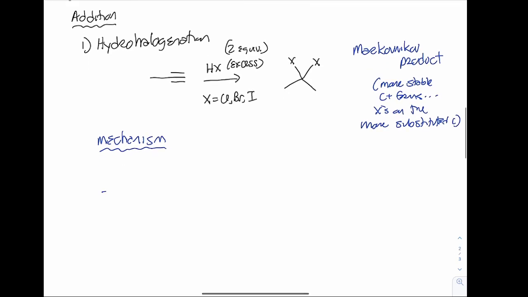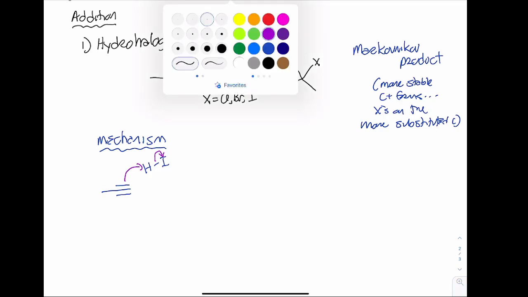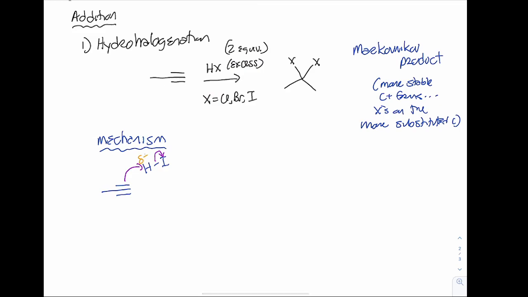So my mechanism, let's use HI. I don't use iodide a whole lot. So same mechanism as before. That hydrogen is partial positive because it's bonded to the more polarizable iodine. So my pi electrons, which are nucleophilic, my electron source, are going to grab onto that partial positively charged hydrogen.